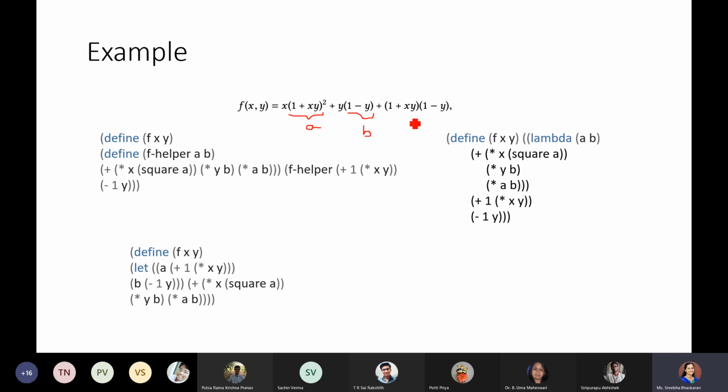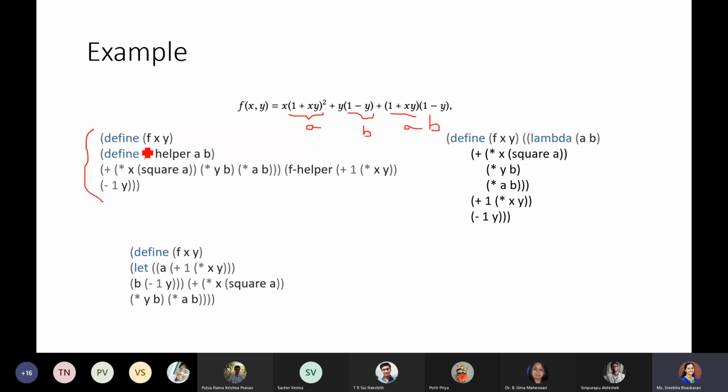So I can rewrite this function as ax plus x a square plus yb plus ab, right? That is the usual way of defining, which I have done here.